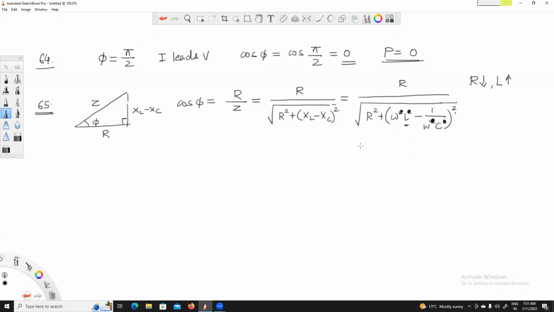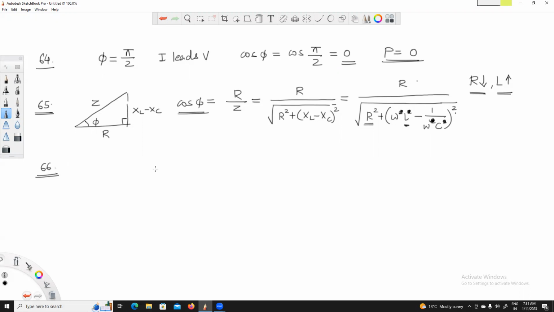So which is this option? Low resistance and high inductance. So with low resistance, the numerator would be less. If this is high, then my denominator will increase. So by both effects of the numerator being less and the denominator being high, I would get less power factor. So the third option is right.